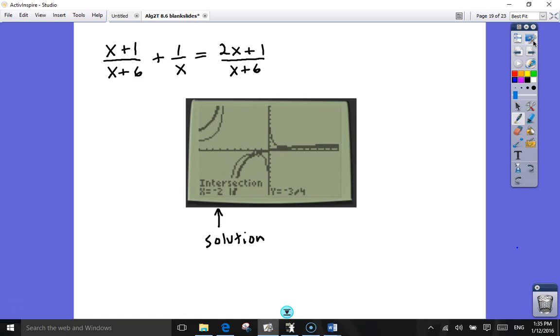But if you move farther over, then it found this point. That's why I said if everybody just does 1 click, we'll all go to the same one. So if you repeat those steps, right? Second trace 5. If you want to see whether there's another intersection point, like in the place where you didn't already find it, then move the cursor closer before you hit enter, and it'll jump to the other solution.